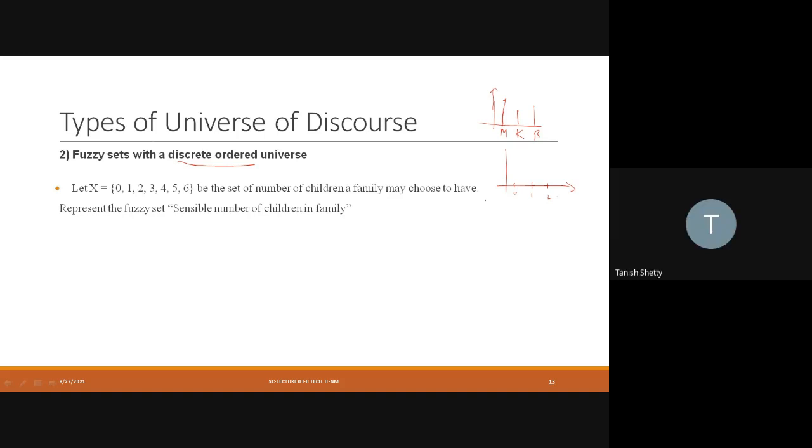Okay. So let us come back to this example. You have to represent the fuzzy set, sensible number of children in the family. So how will you represent this? It is subjective.